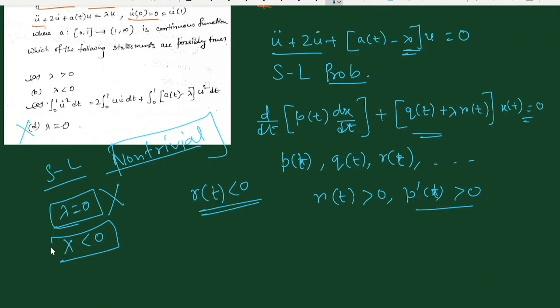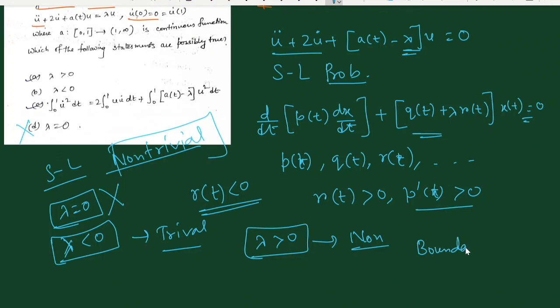For lambda equal to 0 you also get the trivial solution. For lambda greater than 0 we get the non-trivial solution. Open any book of differential equations and go to the chapter on Sturm-Liouville problems or boundary value problems, and you find that you only get the non-trivial solution for the lambda greater than 0 case.